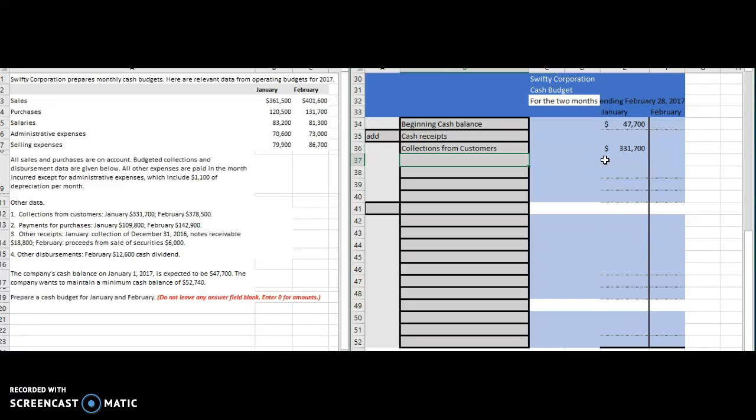Next, we'll add in notes receivable. For January, there was $18,800.